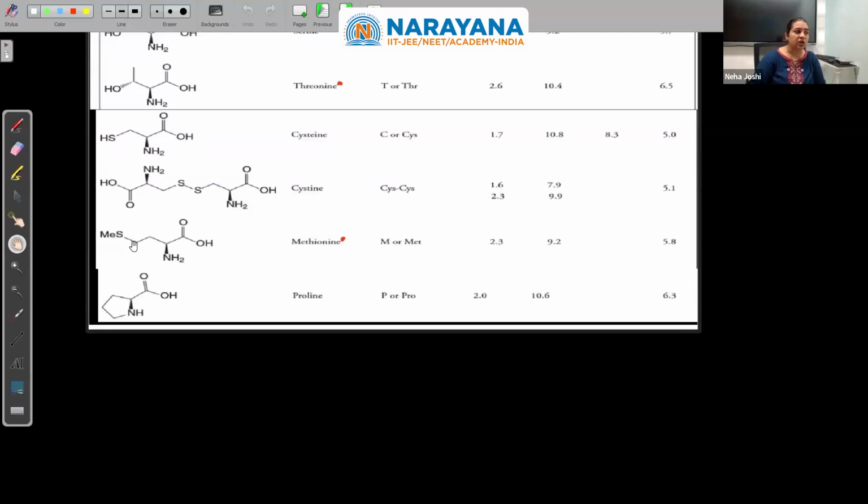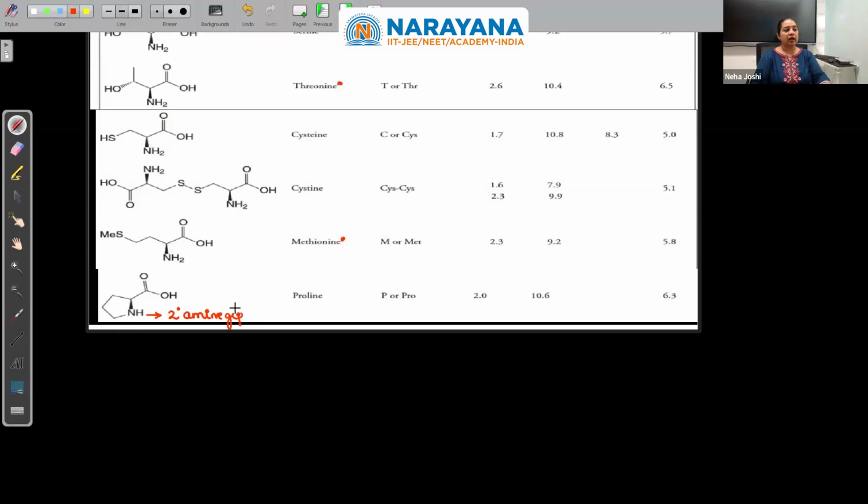Methionine is CH2CH2SMe. Proline is the only one having the alpha amino as a 2-degree nitrogen, or 2-degree amino group. This is important because this is the only one where it is a 2-degree amine group.